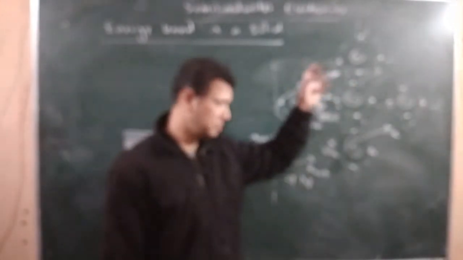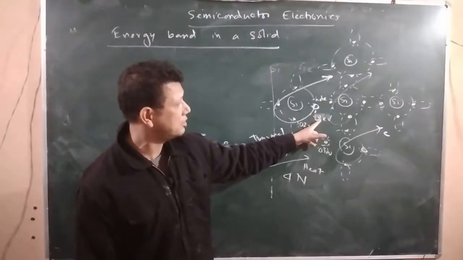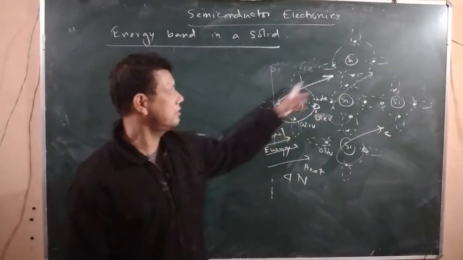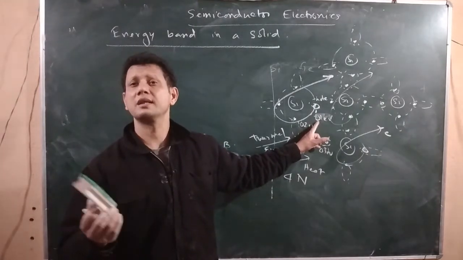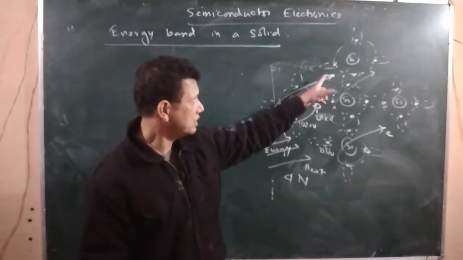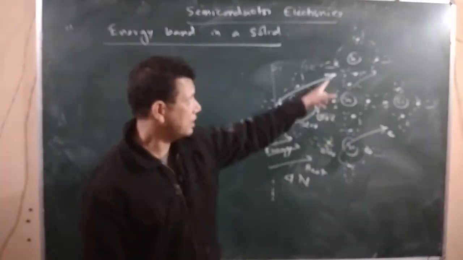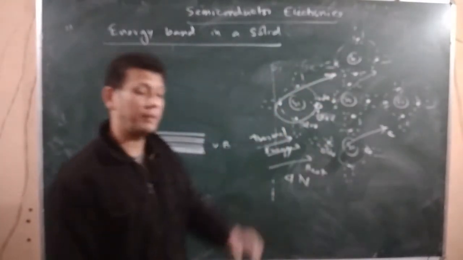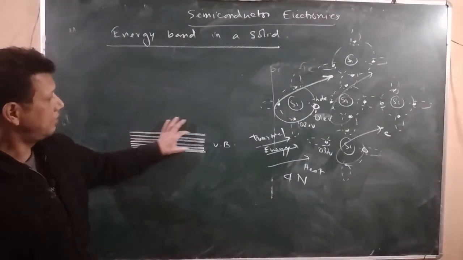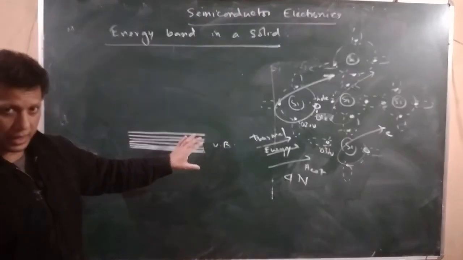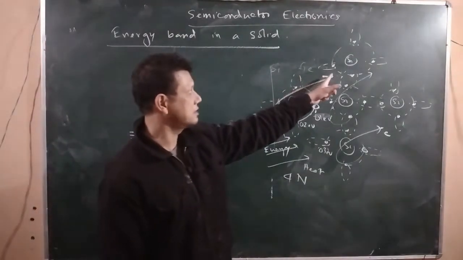As long as it was bound in the covalent bond, its energy was, as an example, 0.01. But when it became free, will its energy be 0.01 or more than 0.01? Definitely more, because it has gained energy. So now this free electron definitely has some energy greater than 0.01. The energy of valence electrons is always less than the energy of free electrons.